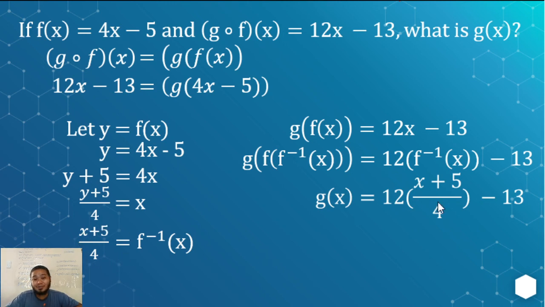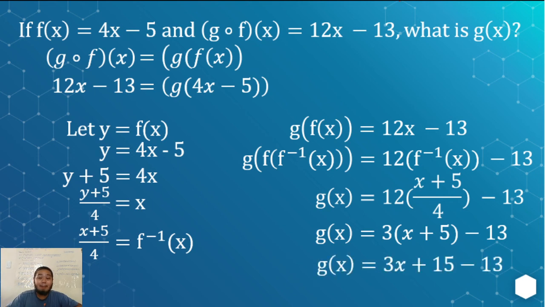Next, we're just going to simplify the function here. G of x now would be equal to 3 times the quantity of x plus 5 minus 13. Continue, we will have 3x plus 15 minus 13. And our final answer, 3x plus 2.